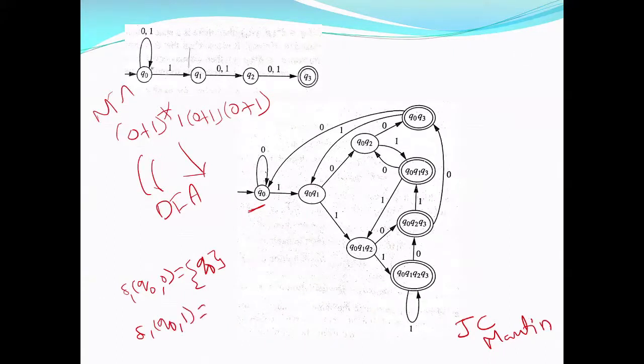In your NFA, Q0 on 1 is Q0 and Q1. So I'm making it Q01. Or you can rename it with A, B, C or whatever. He has renamed it as Q0, Q1. This is one state, so this is a new combination. So you have to start making the transitions for Q01.